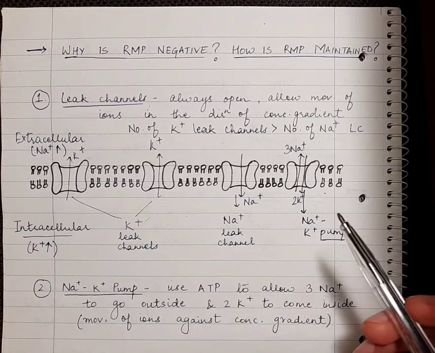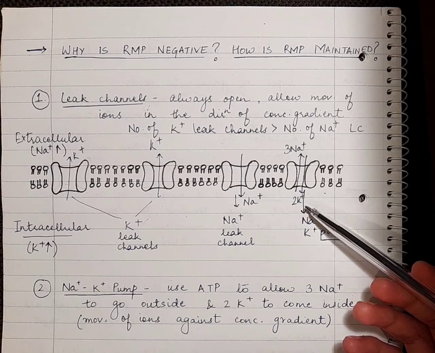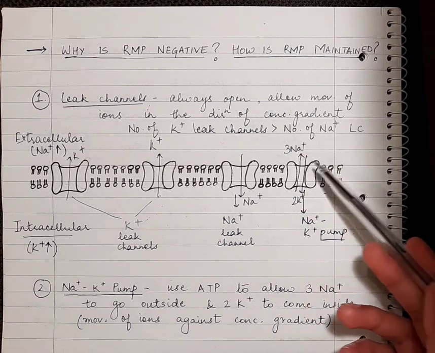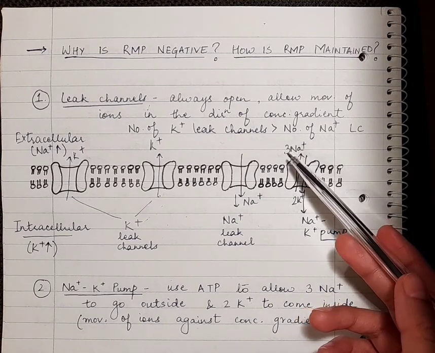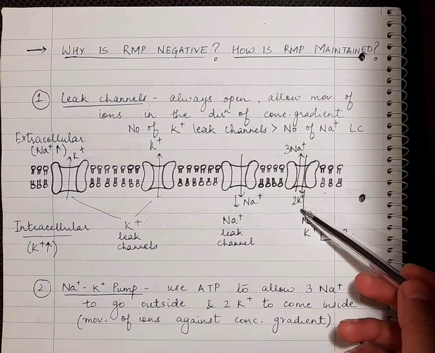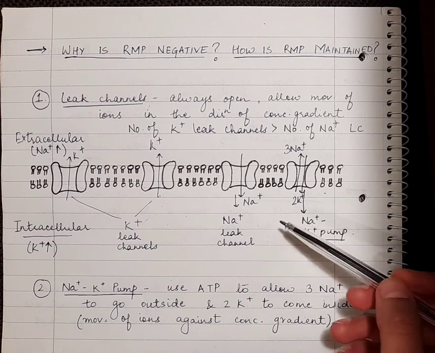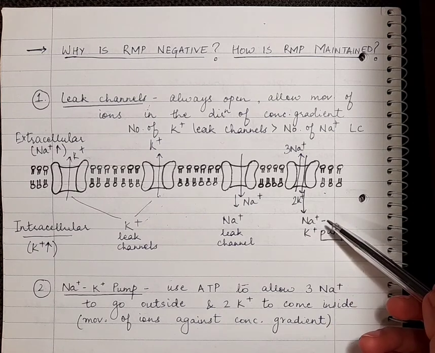Now again, the number of positive ions coming inside is less than the number of positive ions going outside, right? Because 2 potassium are coming in and 3 sodium are going out. So obviously the number of positive ions coming inside is less, and therefore the resting membrane potential inside is negative.